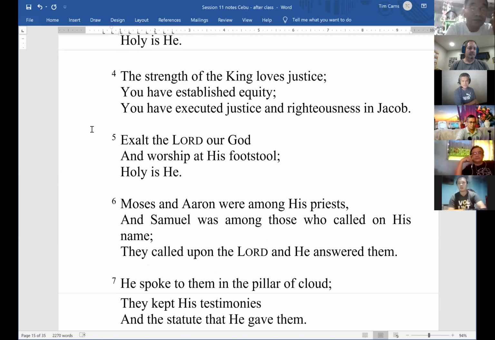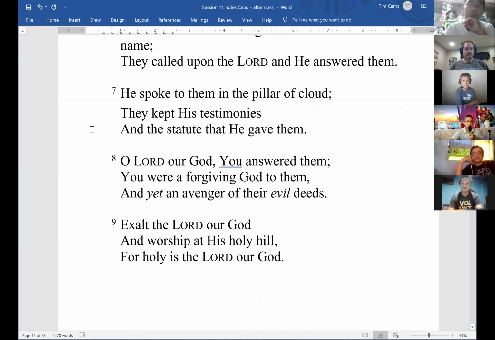Moses and Aaron were among his priests, and Samuel was among those who called on his name. They called upon the Lord, and he answered them. He spoke to them in the pillar of cloud. They kept his testimonies and the statutes that he gave them. O Lord our God, you answered them. You were a forgiving God to them, and yet an avenger of their evil deeds. Exalt the Lord our God and worship at his holy hill, for holy is the Lord our God.